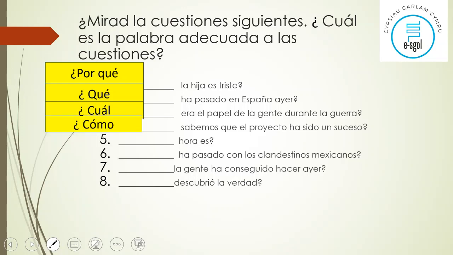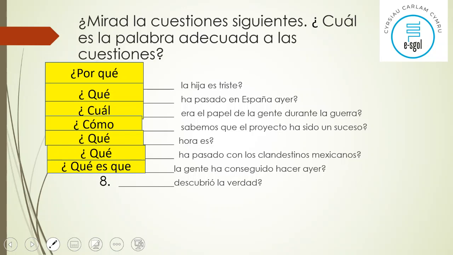¿Cómo sabemos que el proyecto ha sido un suceso? How do we know that the project has been a success? ¿Qué hora es? What time is it? ¿Qué ha pasado con los clandestinos mexicanos? What happened with the illegal migrants from Mexico? ¿Qué es que la gente ha conseguido hacer ayer?